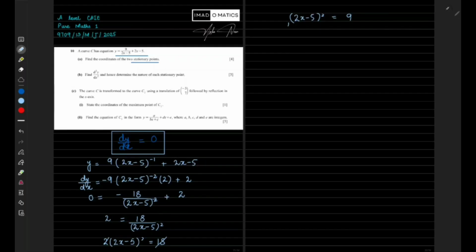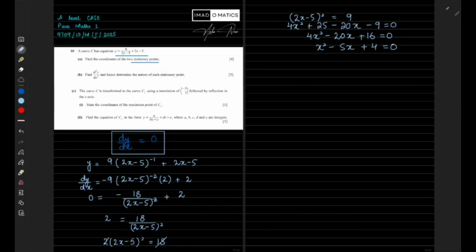So now expanding this, 4x squared plus 25 minus 20x minus 9 equals 0. So this gives you 4x squared minus 20x plus 16. We can make it simple: x squared minus 5x plus 4 equals 0. Now we need to find the two x values because they say two stationary points' coordinates.